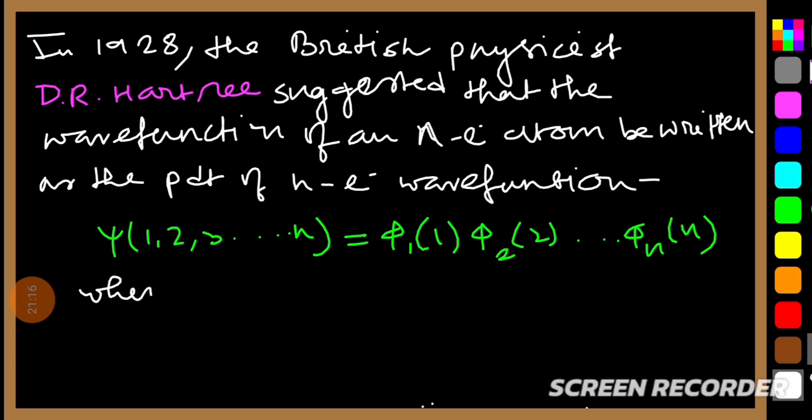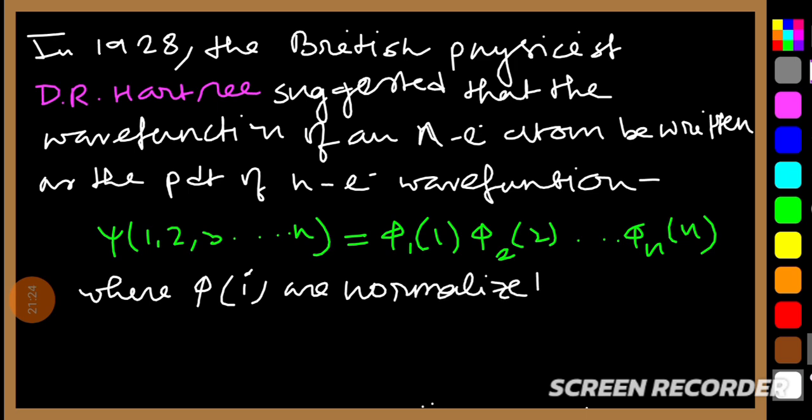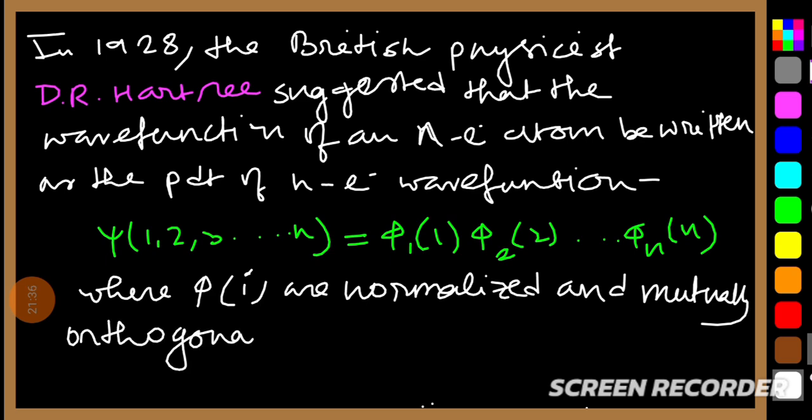Where phi i are normalized and mutually orthogonal one electron wave functions.